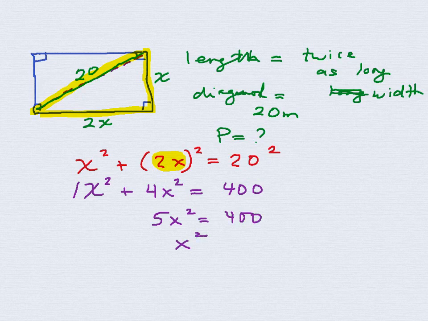So x squared is going to equal 400 divided by 5. You want to get rid of the 5 on both sides. So it's going to equal 80. Now, obviously the length and the width cannot be 80. You have to take the square root to get down to the final answer. The square root of 80 is going to equal 8.9.